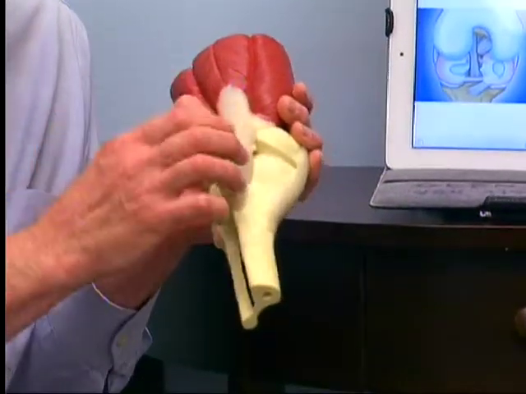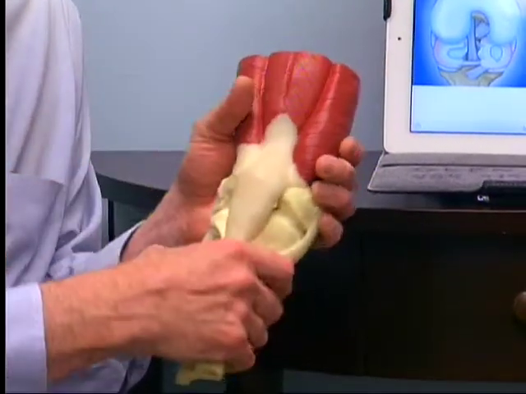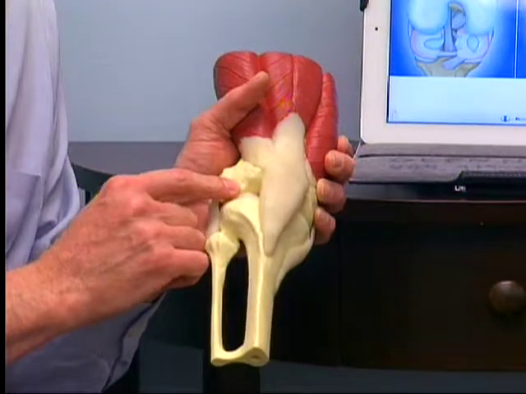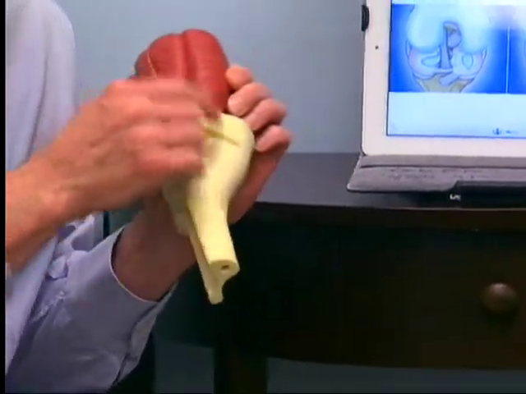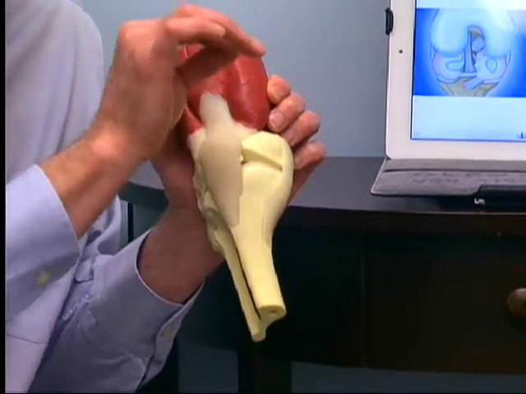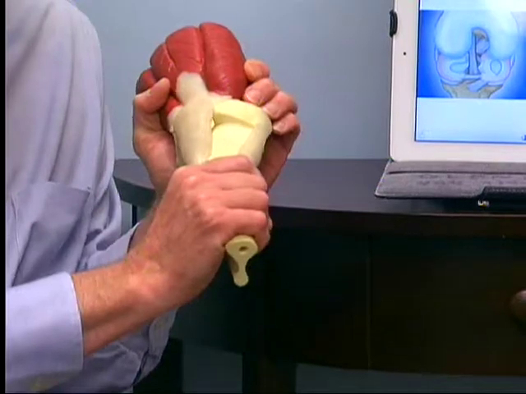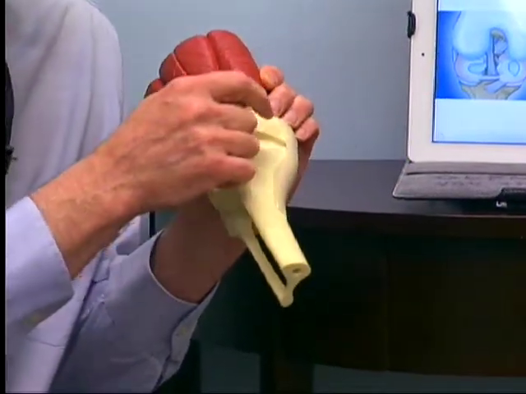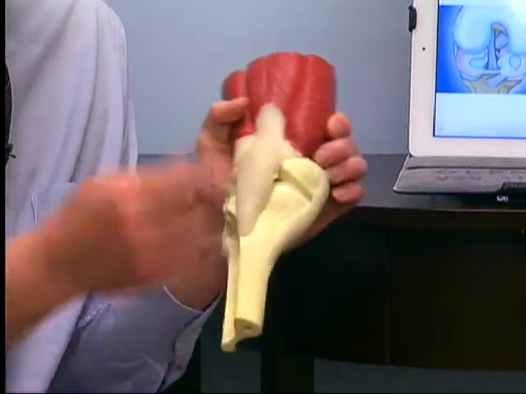Specifically, the lateral meniscus has a greater excursion. It moves more, so the femoral condyle, the thigh bone, can move more. The medial meniscus is anchored more tightly onto the tibia bone. And so what ends up happening is when we have an athlete twist with the femur bone, the medial meniscus is far more prone to an injury than the lateral meniscus.